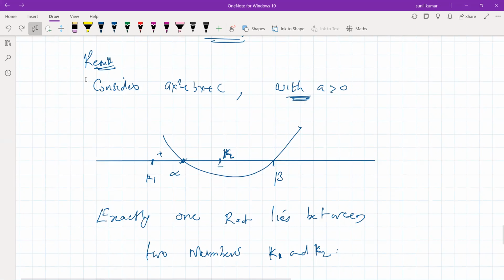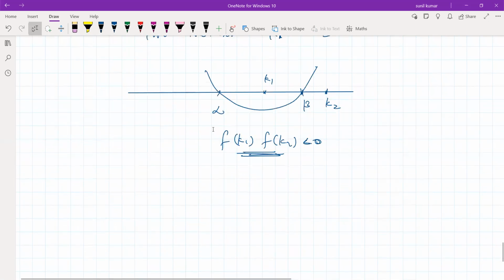Because between alpha and beta, it will be negative, and outside it will be positive. So here f(k1) is positive, f(k2) negative. Here f(k1) is negative, f(k2) positive. So always, this is the situation.